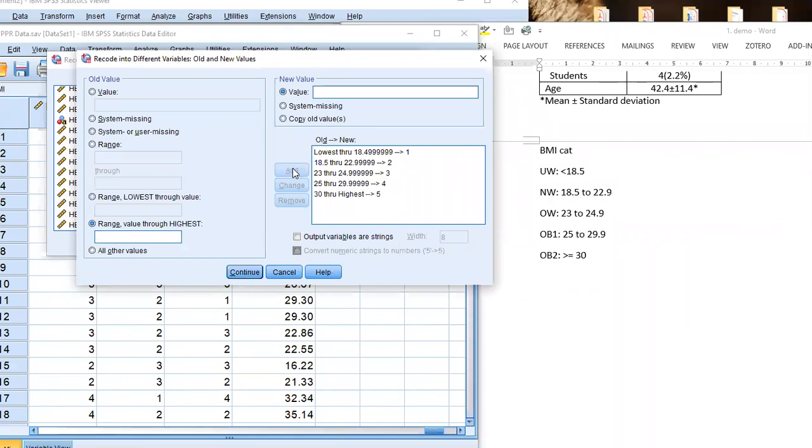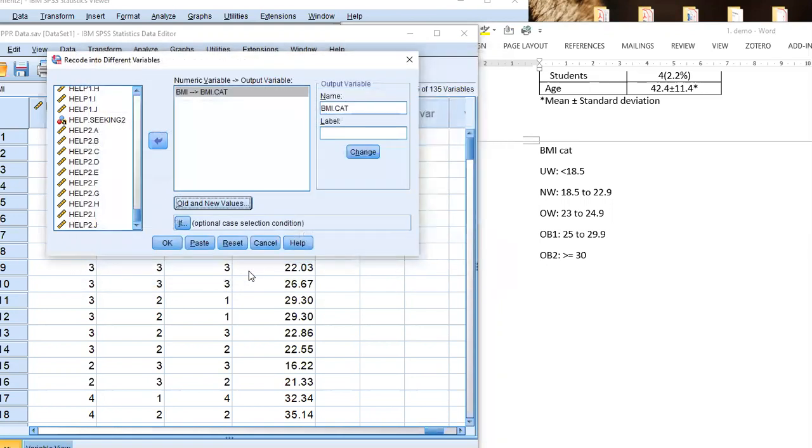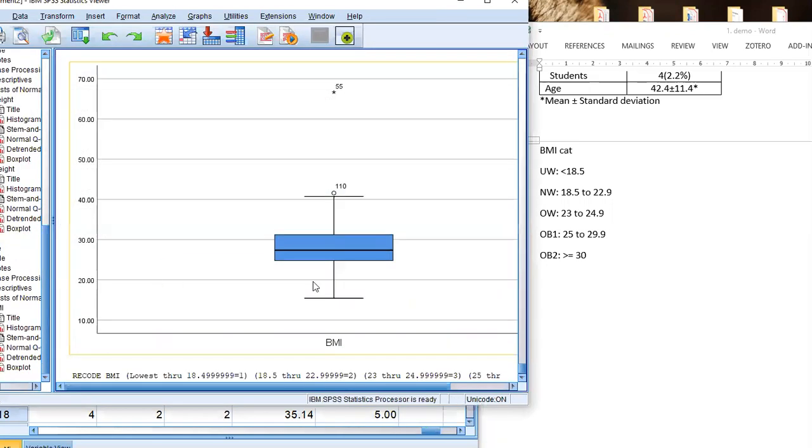You can read them: are they mutually exclusive, any overlap? Each decimal goes from one group into the next. They are mutually exclusive and all the values are covered. Continue and click OK.